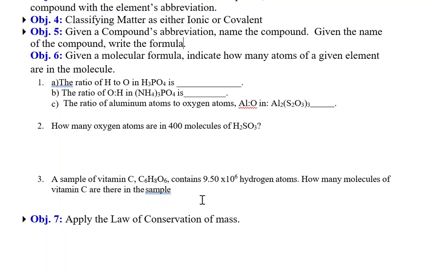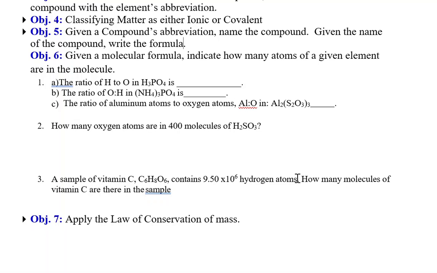Look at this guy here. Vitamin C is a big old compound. Vitamin C has 6 carbons, 8 hydrogens, and 6 oxygens. They contain 9.5 times 10 to the 6 hydrogen atoms. That's a lot of hydrogen atoms, isn't it?